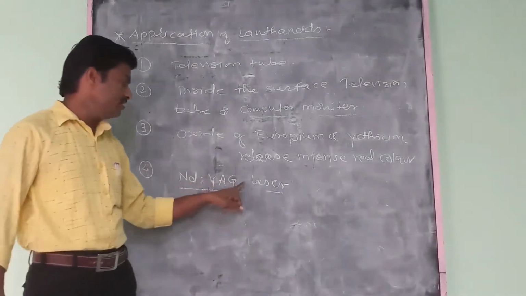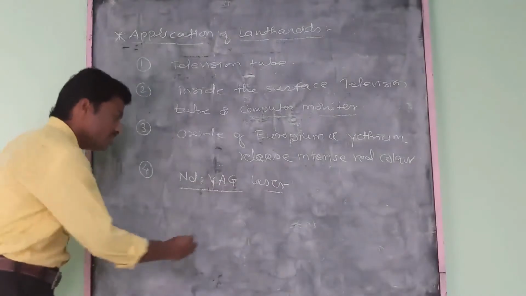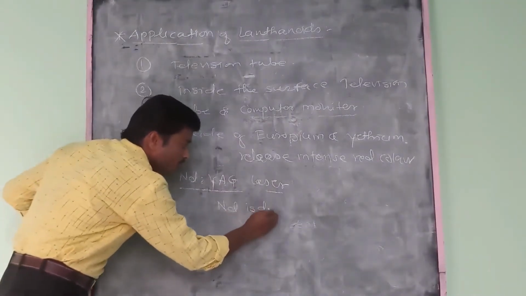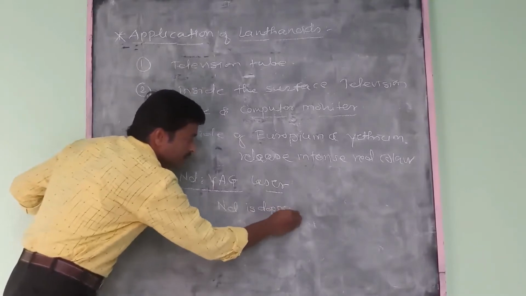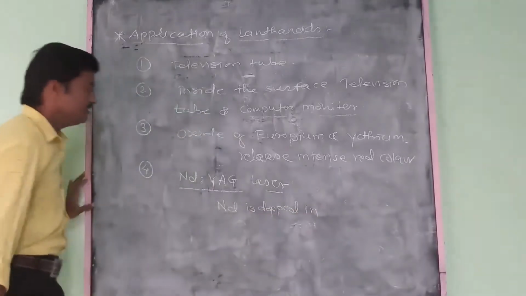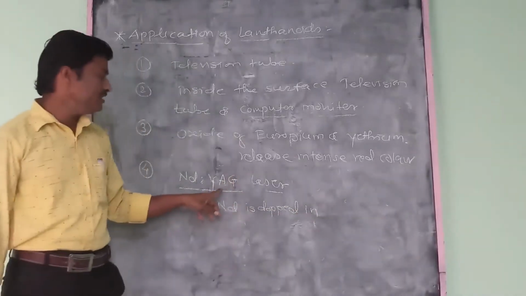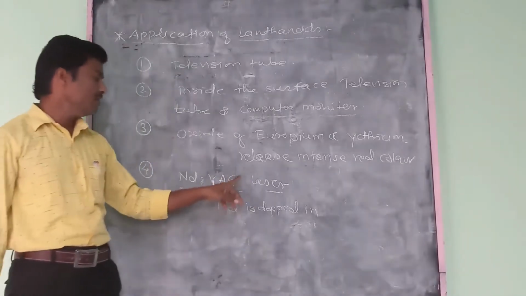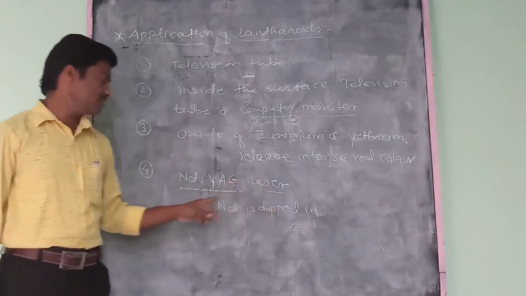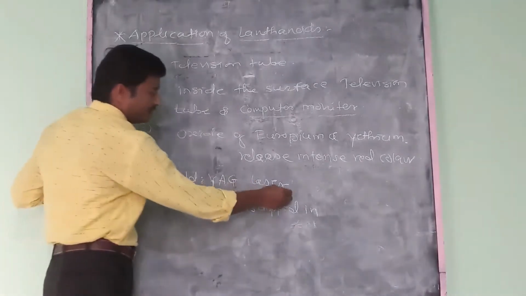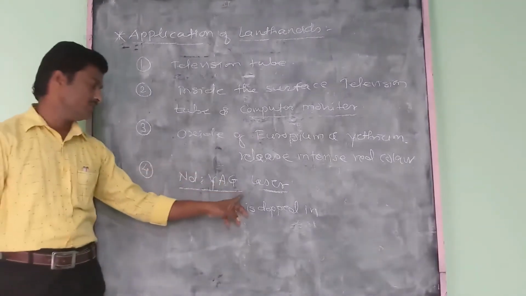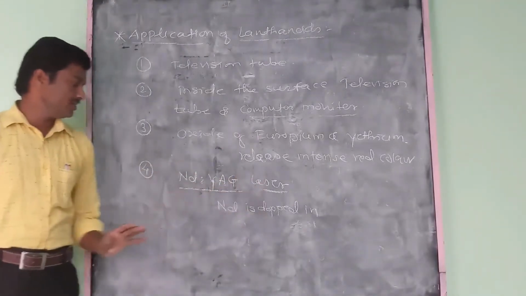Here this neodymium is doped in yttrium aluminium garnet laser. Yttrium aluminium garnet lasers will be prepared by using this neodymium, yttrium and aluminium garnets. This is one more application.